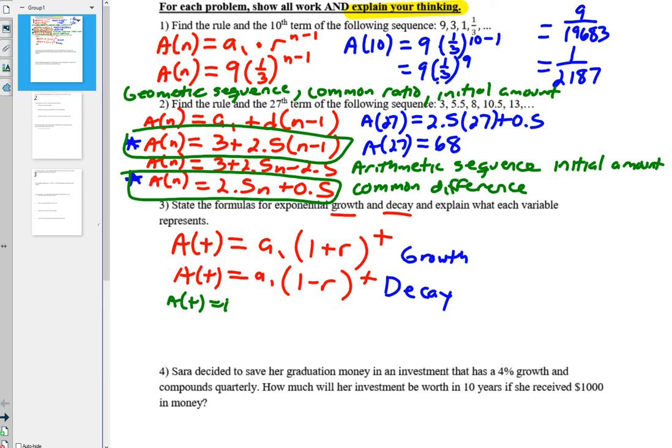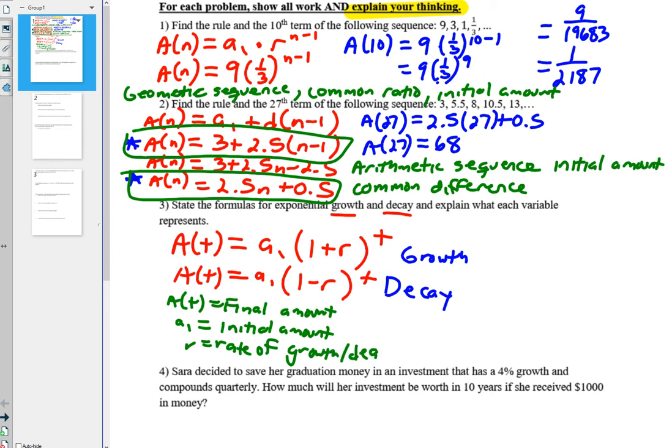Well, this is going to be a final amount. What is A? If you look at your notes, I had this for you on the original notes. I had what each thing meant: initial amount. R is the rate of growth or decay, for that matter.